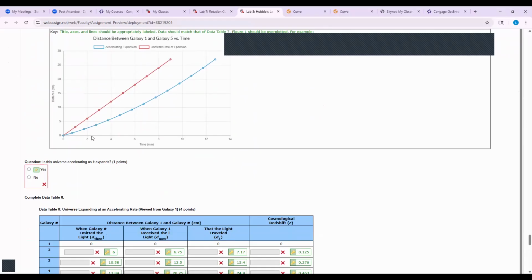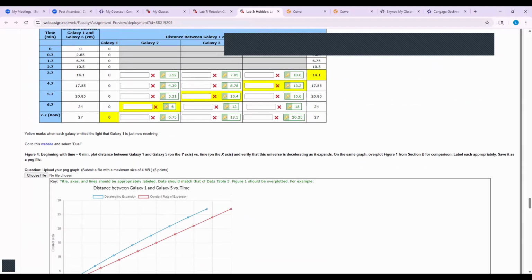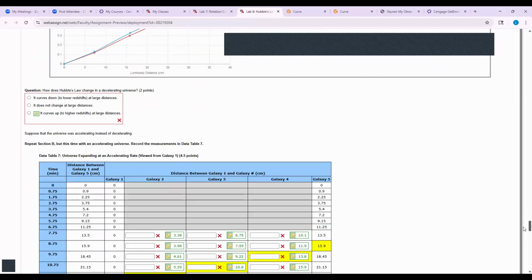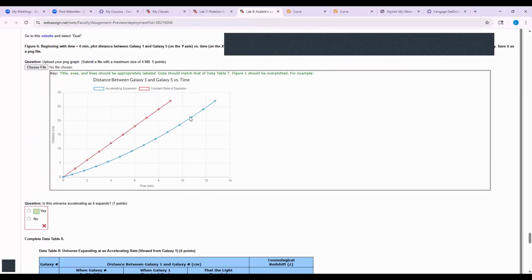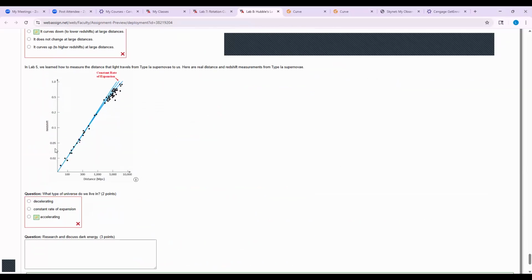For example, this is constant, this shows expanding, and the other one shows the decelerating. As you see, the constant rate is in the middle, decelerating on the upper left, and accelerating lower down. And when you put all of them together, this is going to show the expansion of the universe, either accelerating or decelerating.